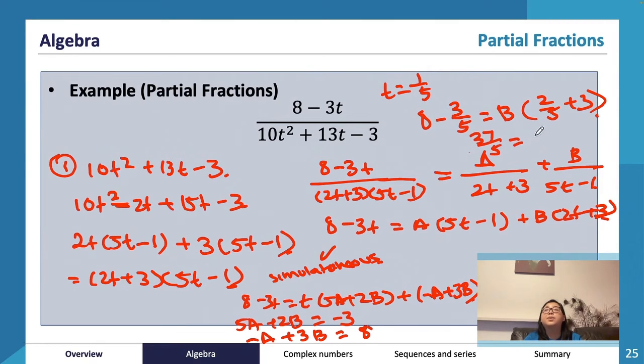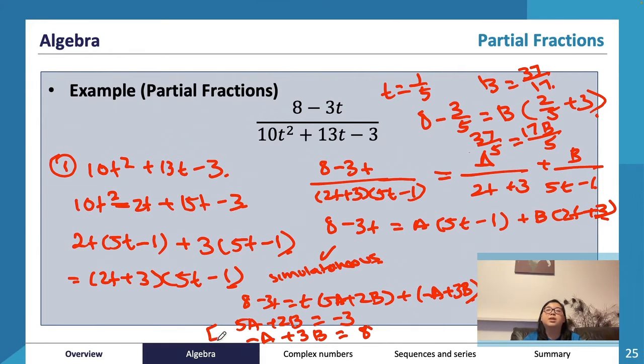And our b component is going to be 17b over 5. When we cancel that out, b is going to be equal to 37 over 17, which is a bit of a gross number, but can't really be helped.